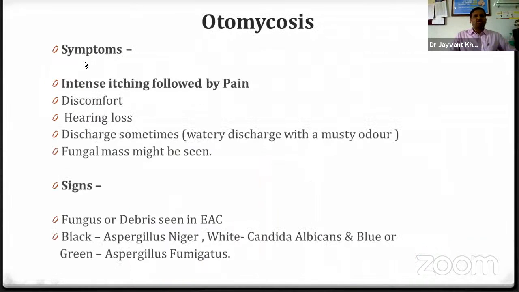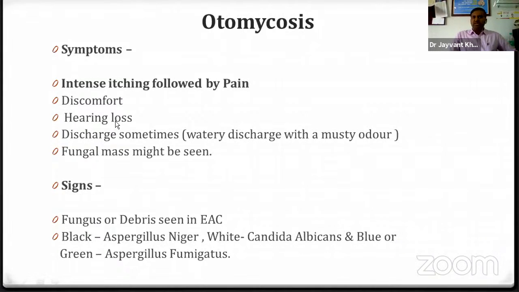Otomycosis symptoms. Cardinal symptom of otomycosis: intense itching followed by pain. There is always intense itching followed by pain. Patients become very aggressive with the itching, using whatever unskilled instrumentation is available at that time.